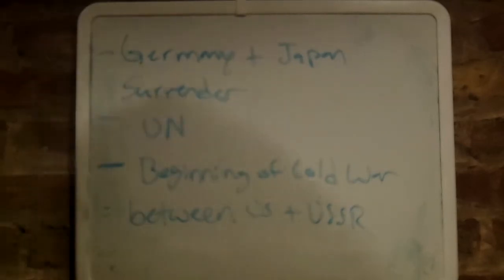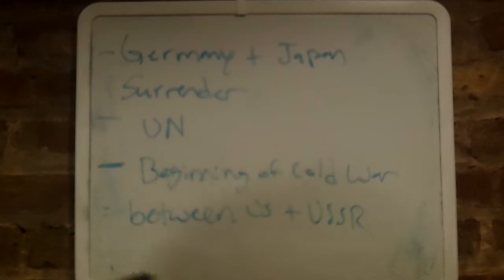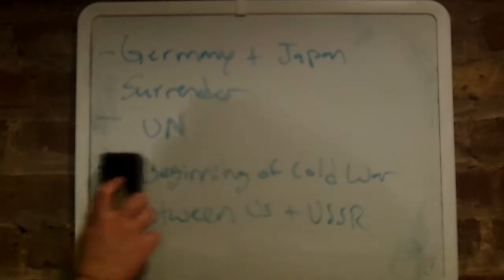To understand that, well, I suppose when I was talking about World War I I should have mentioned that one of the outcomes of World War I was the formation of the Soviet Union.